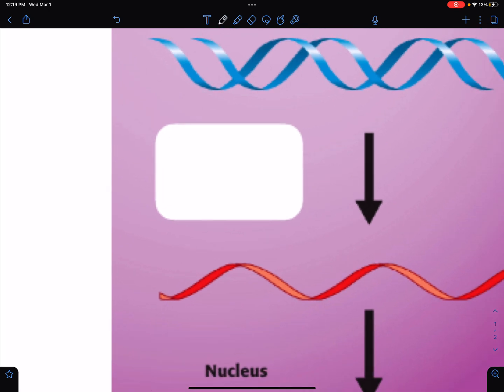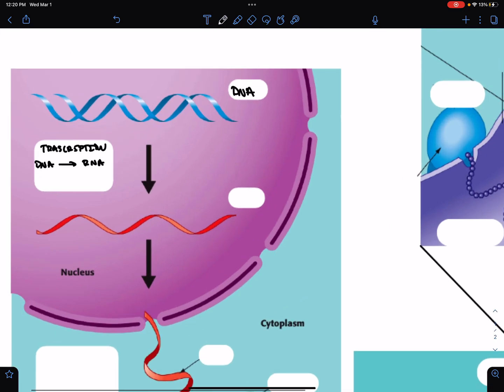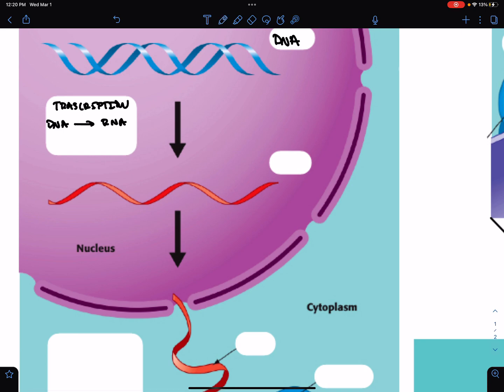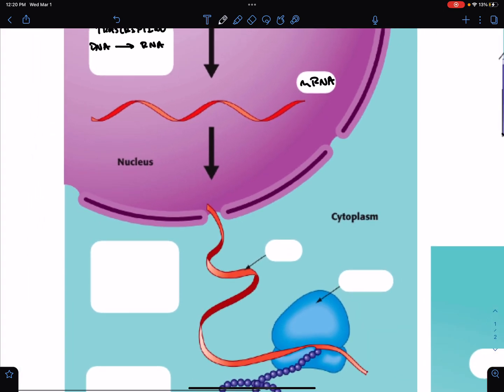Okay, so the process of transcription is taking DNA and using it as a template to create an RNA. Now, the RNA specifically that we're going to make from a gene is an mRNA. The M stands for messenger. So that's all going to happen in the nucleus.